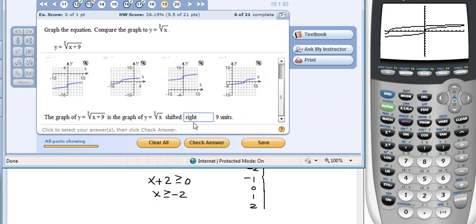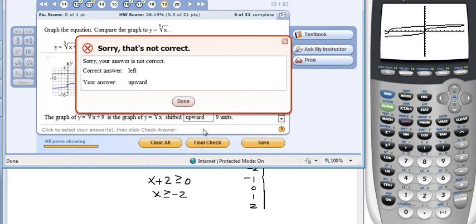No. How has it been shifted? Doesn't that look like it's been shifted to the right? Here's my bump here, and then here's my bump there. Has it been shifted downward? No. Has it been shifted upward? No, it's been shifted to the left.